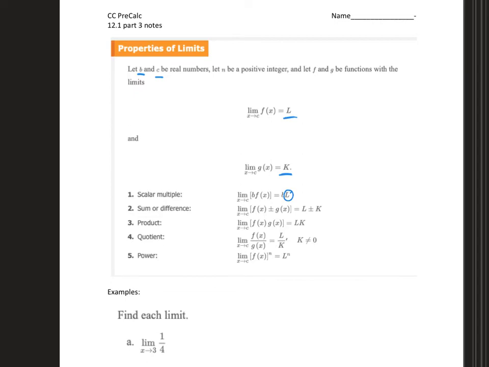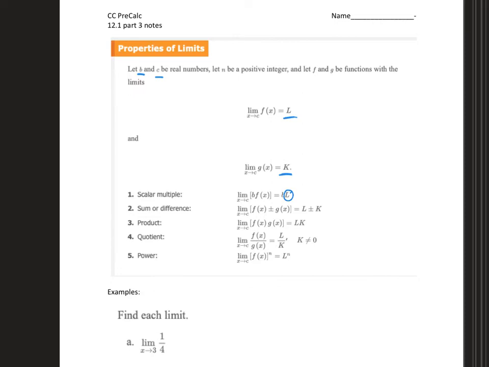Number two, sum or difference. If I want the limit of f of x plus or minus g of x as x approaches c, I can just add or subtract whichever one I want of the limits of f and g. If I'm doing f of x plus g of x, I'm going to do L plus k. If I'm doing f of x minus g of x, I'm going to do L minus k.